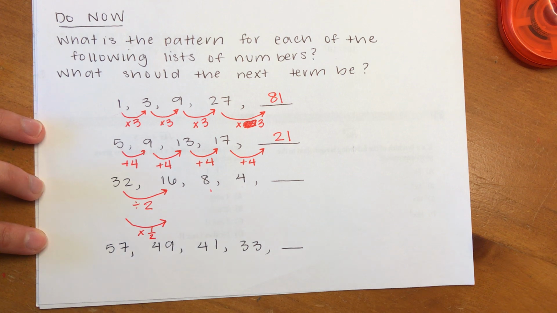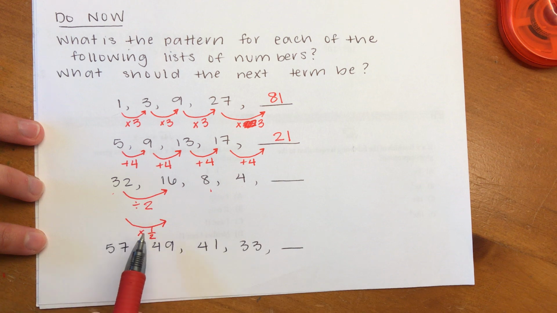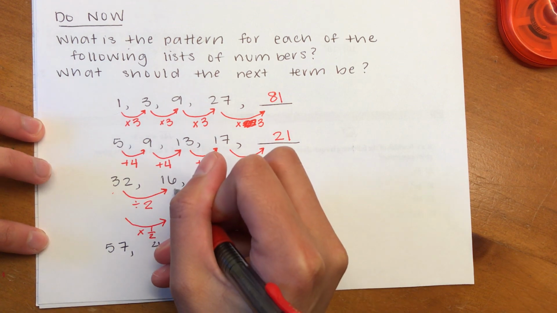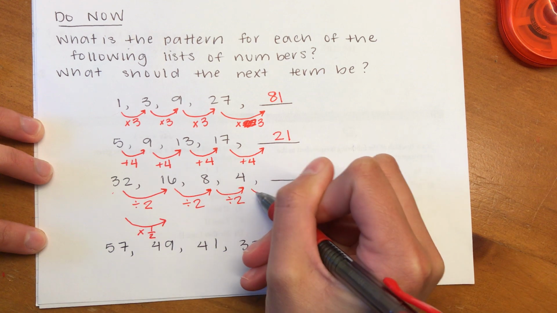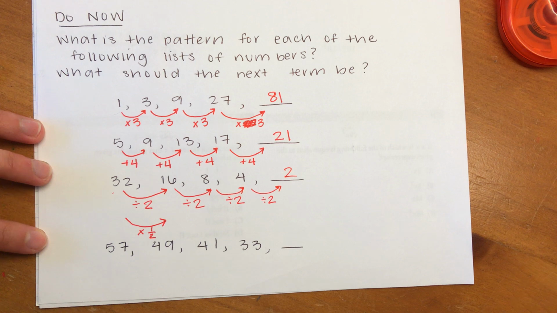Those two things are the same, right? If I divide 32 by 2, I get 16. If I multiply 32 by 1/2 or 0.5, I get 16. So I'm going to keep writing this, divide by 2, divide by 2, and divide by 2. My last term is going to be 2.